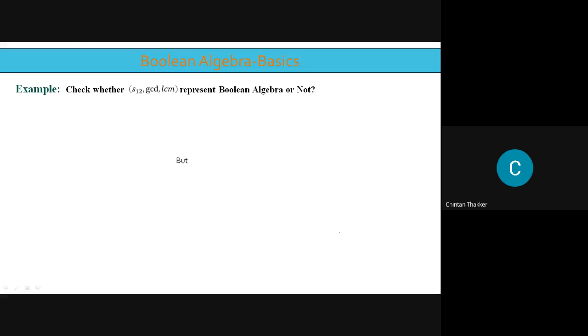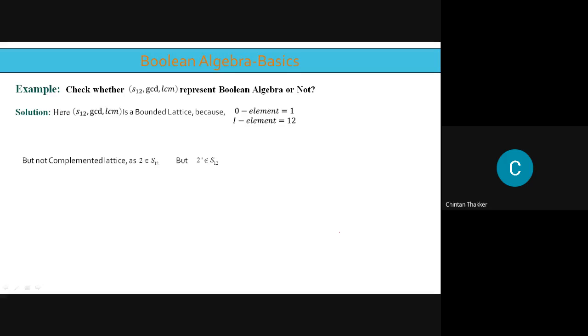In S12, if we want to find the complement of 2, there is no element in S12 such that the GCD of 2 and the element is 1 and the LCM of 2 and that element is 12. So 2 dash does not exist. Therefore S12 is not a Boolean algebra.